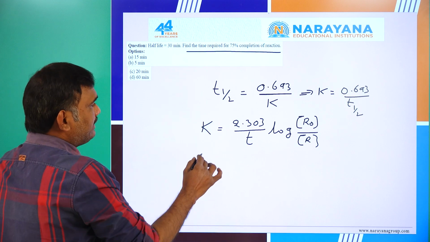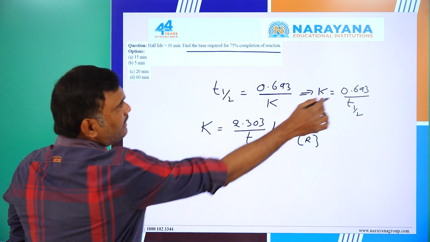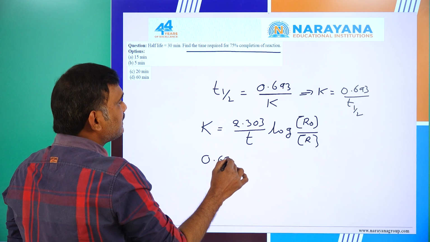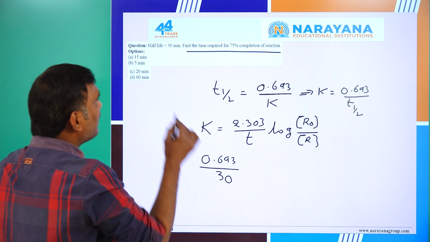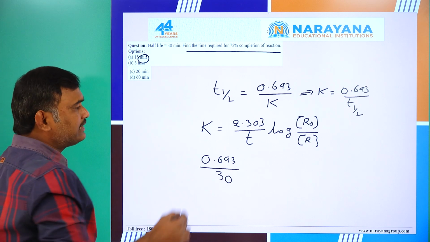Then t is equal to... automatically the K value you know, 0.693 by t-half, they gave 30 minutes. The answer you also want in minutes only, the units.